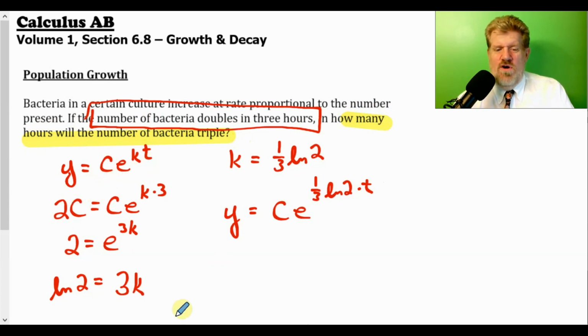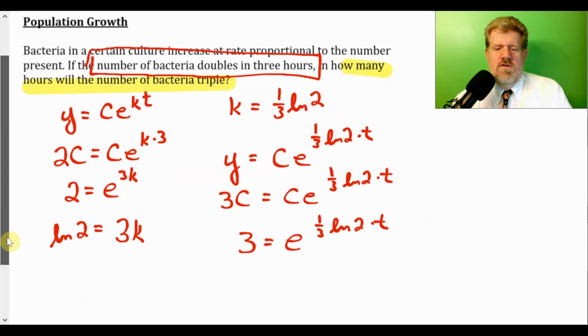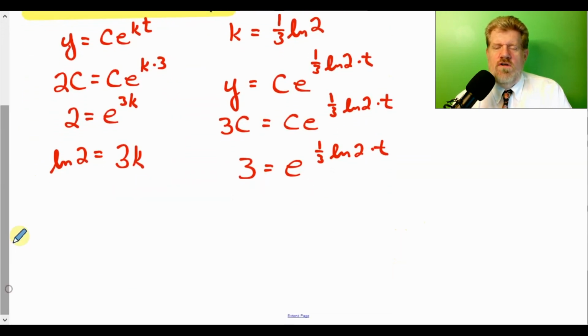So what I know is if I triple my starting value, that's 3C. Divide both sides by C again. And here is my equation. Now I have to solve for T. Well, and I solve for T with all of my great logarithmic skills.